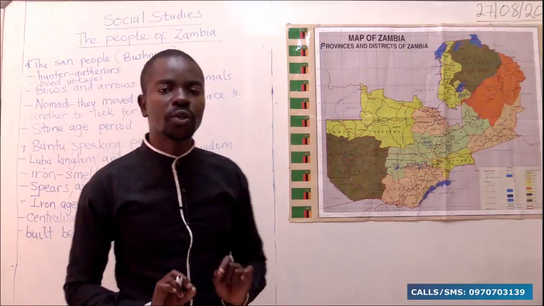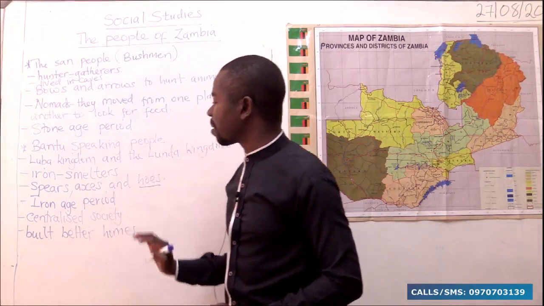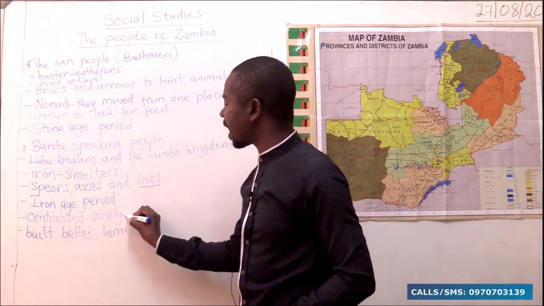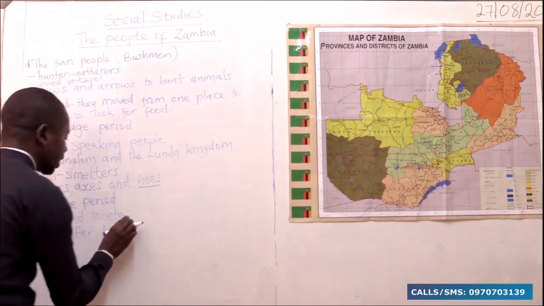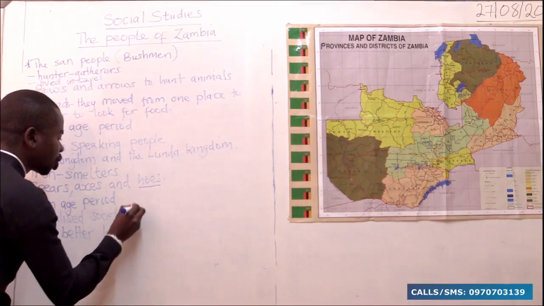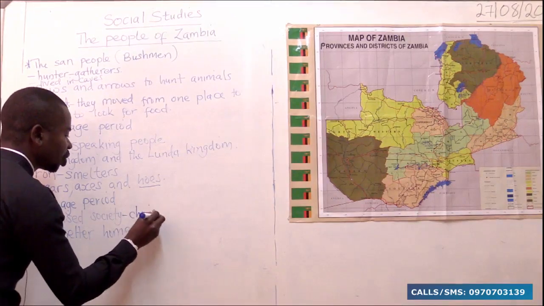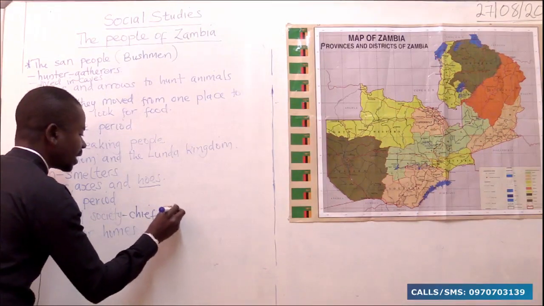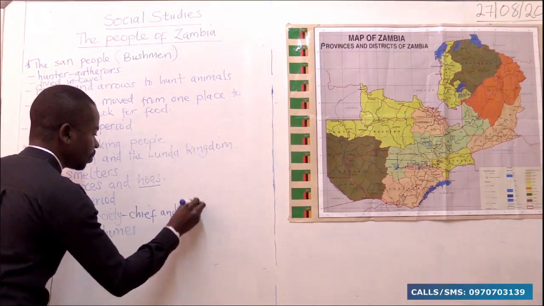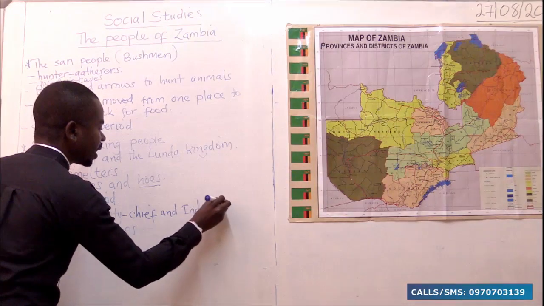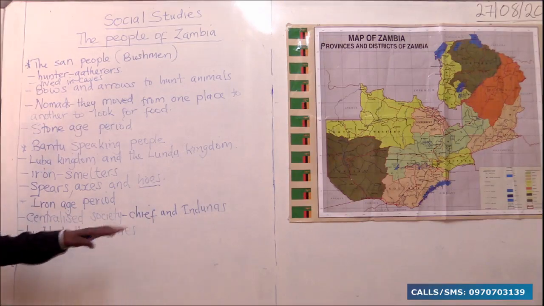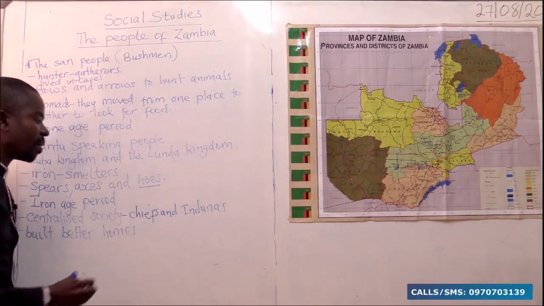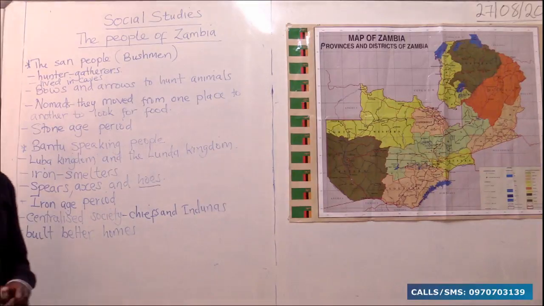And then we have also said that the Bantu-speaking people had a centralized society, meaning that they had chiefs and indunas who used to rule them.